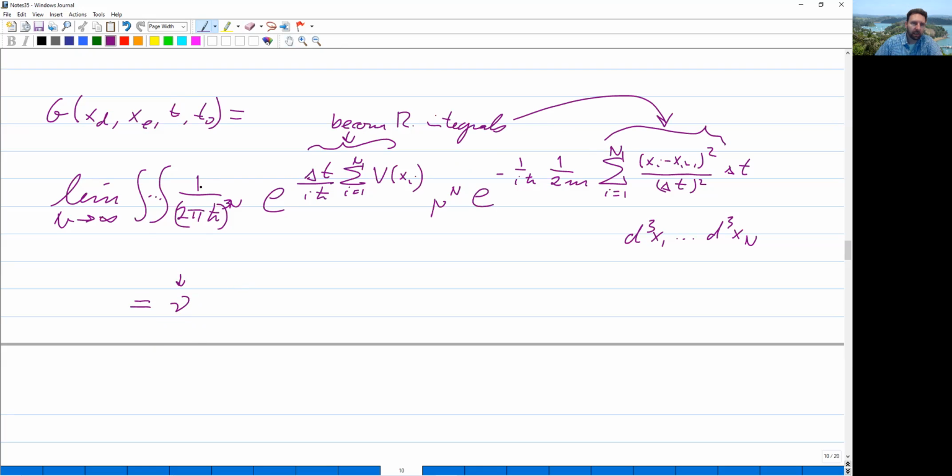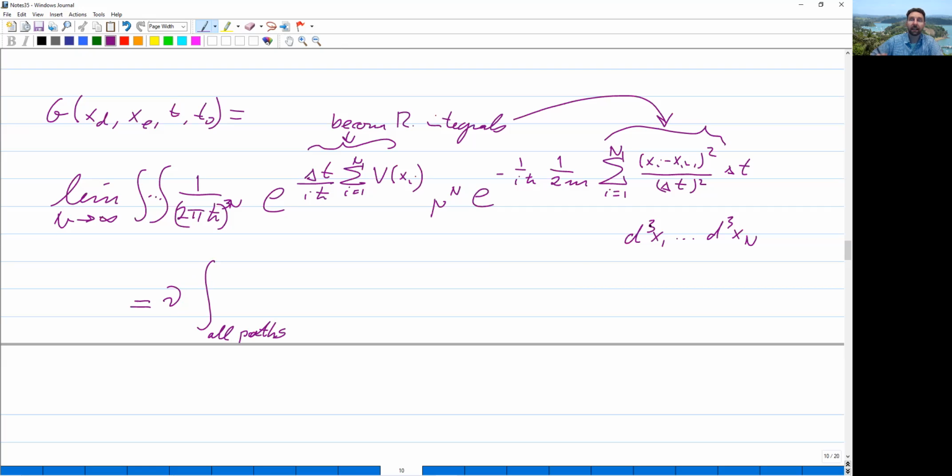This is a normalization. It is mu to the power n divided by 2 pi h bar to the third. Well, let me just write it out. Let's just write it's mu. It's a normalization constant. And then the integral over all paths. Right?